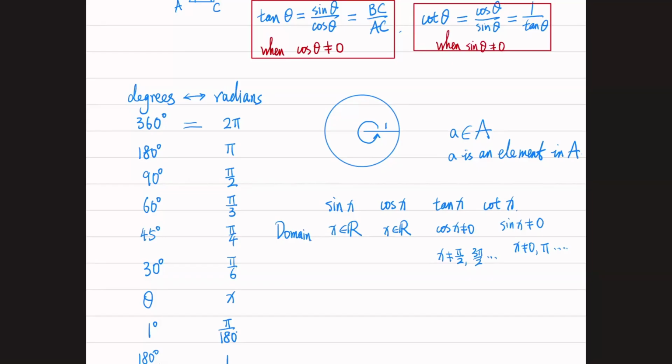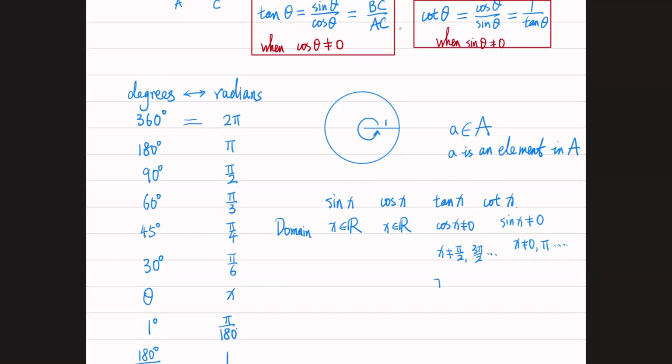If we put them all together, x cannot be an integer multiple of pi, k pi, where k is an integer.